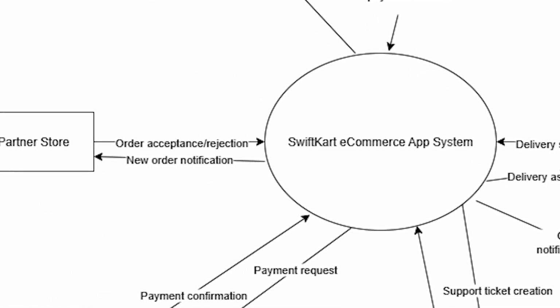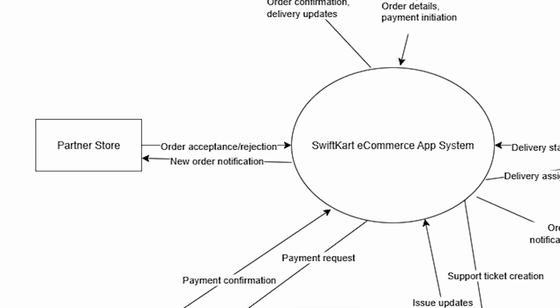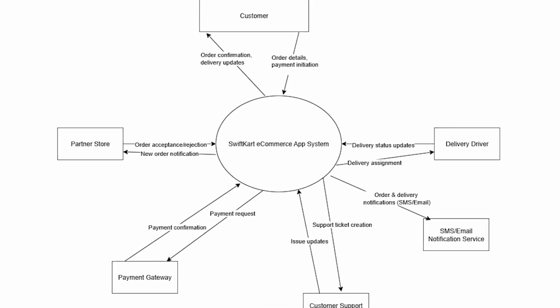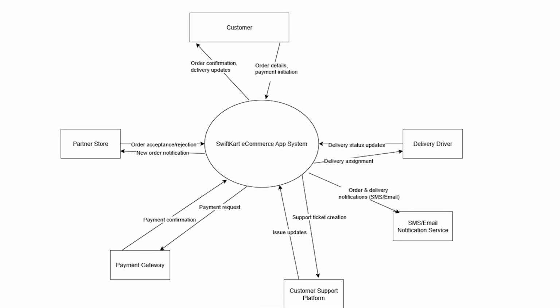And you'd have the store system, which is confirming the inventory. So these are the different entities that are relating with that system. You would also have arrows that show how data flows between them. So at a glance, you can look at that and you understand the system. That is exactly what a context diagram does.